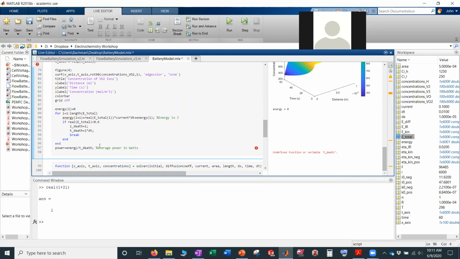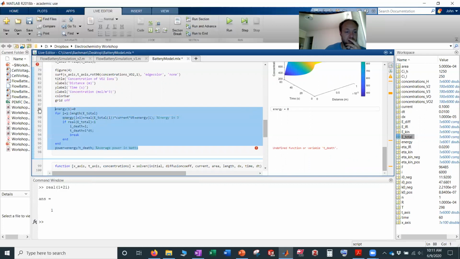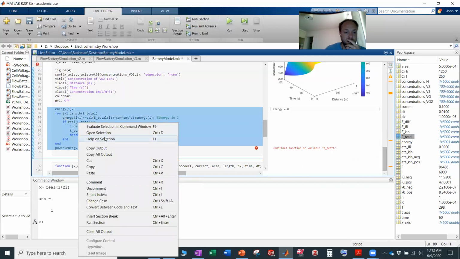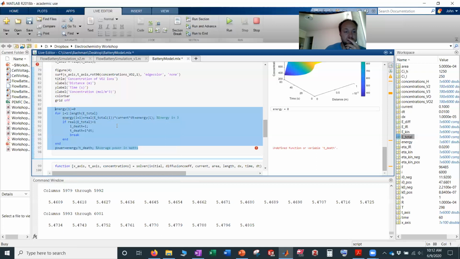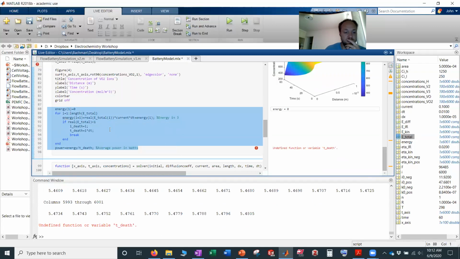Okay. So it's still not finding T death, so it's not finding this value. Let's just make it less than one. Then it should definitely go through there. So you're saying I should go here and right click, evaluate section? Yeah. Nice. So why?